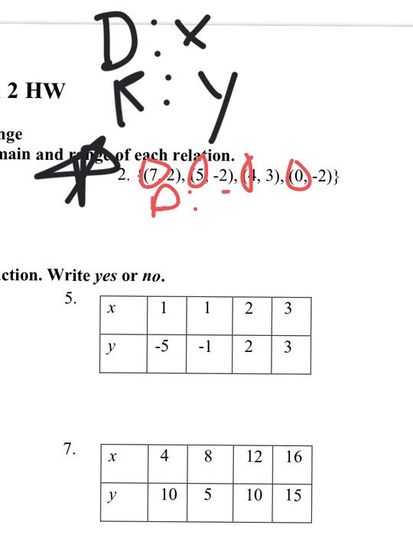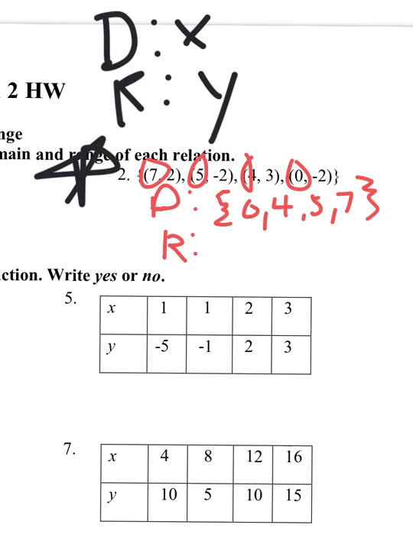You should put them inside set braces. We should go smallest to biggest. You don't have to do that, but the smallest one there is 0, then 4, then 5, and then 7. So it's just a set of numbers, the x values. And again, if you have any repeats, you don't put them in there more than once.